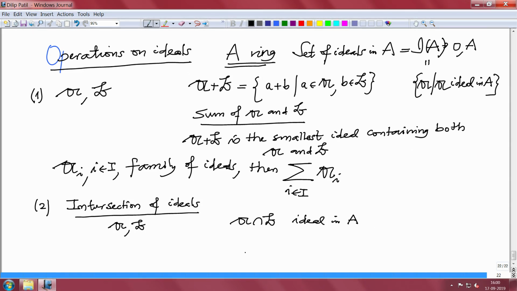And similarly, we can define this for an arbitrary family. If I have a family of ideals A_i, then the intersection of the A_i also is an ideal in A.